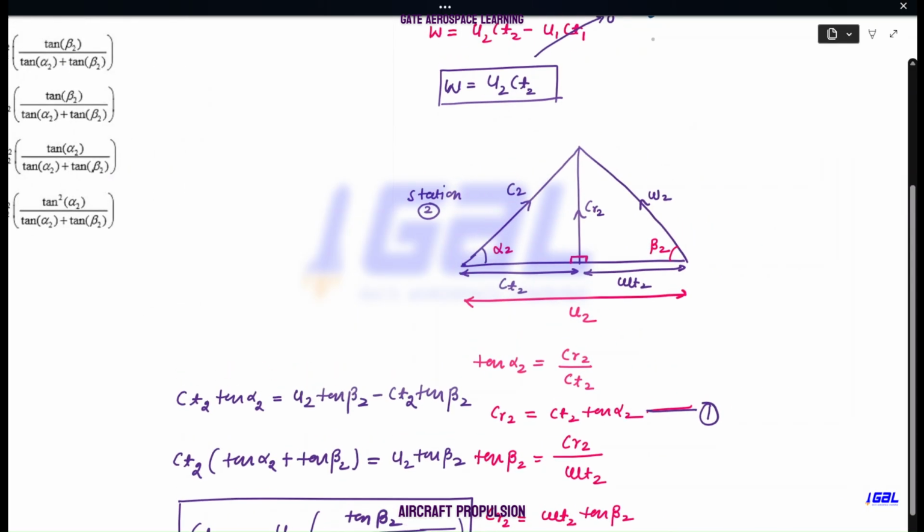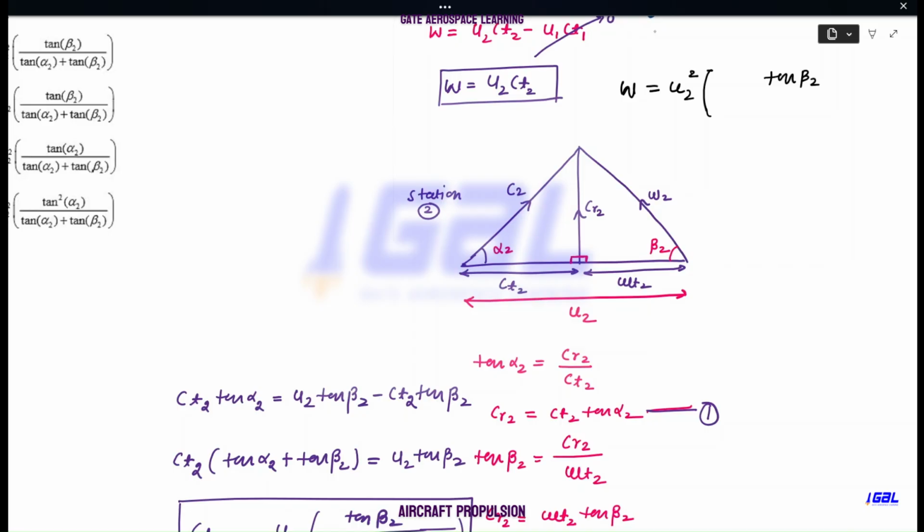You can write this as specific work. Specific work can be written as U2, and now this U2 and U2 become U2 square, and in the bracket it will be simply tan beta 2 divided by tan alpha 2 plus tan beta 2.